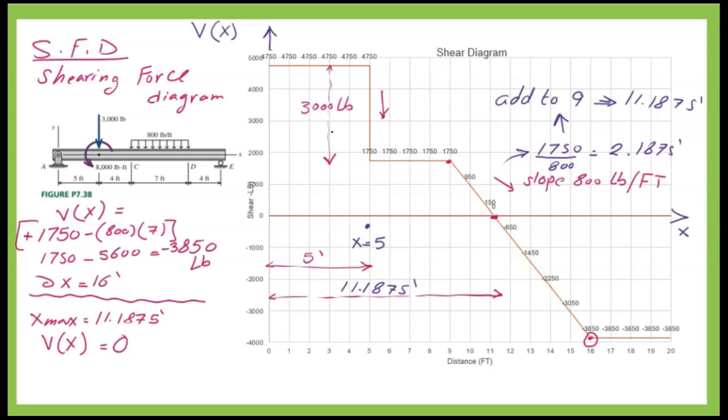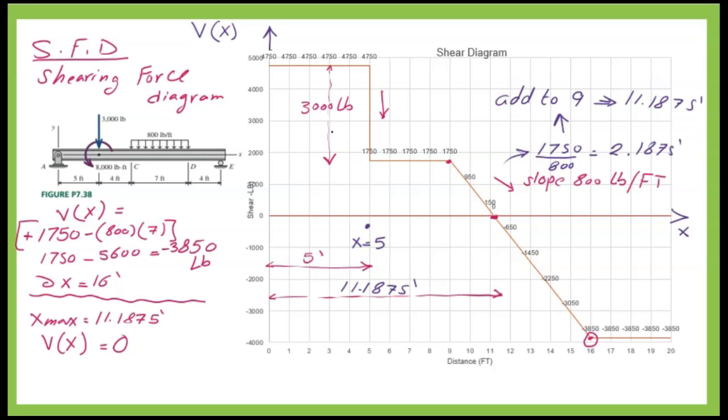If we continue to drop, we have here 7 feet. So at x equal to 16, we have 1,750 minus 800 multiplied by 7. This is the drop. We have 1,750 minus 5,600, equal to minus 3,850 pounds.